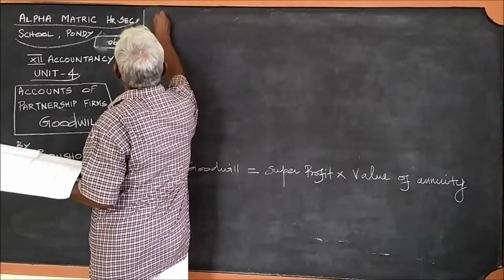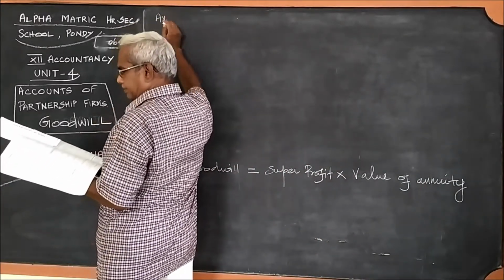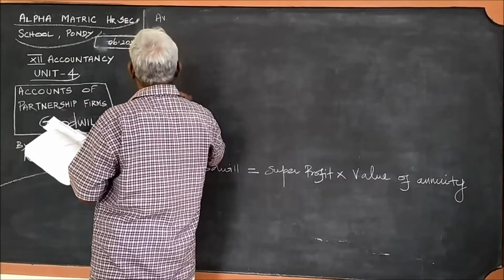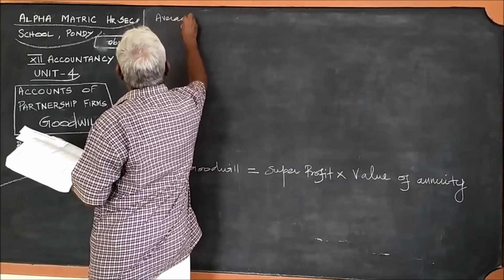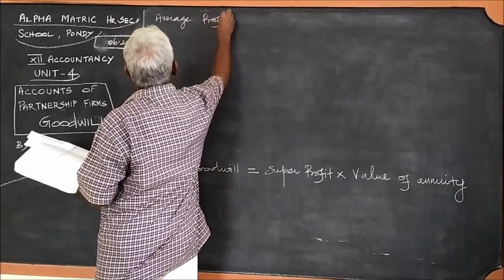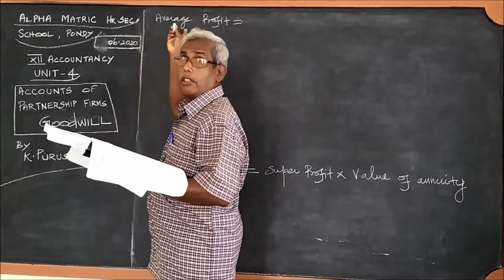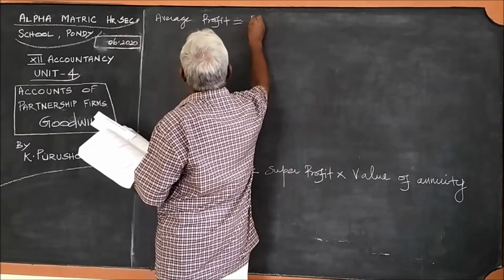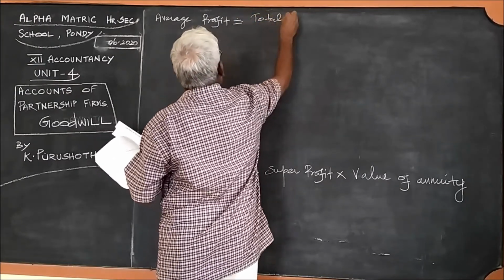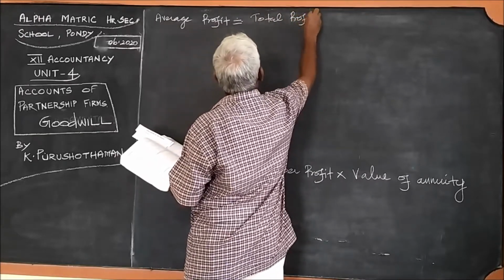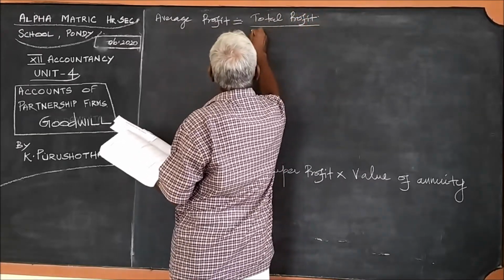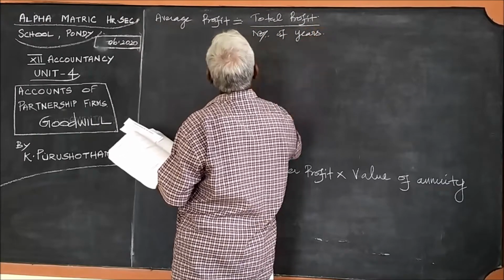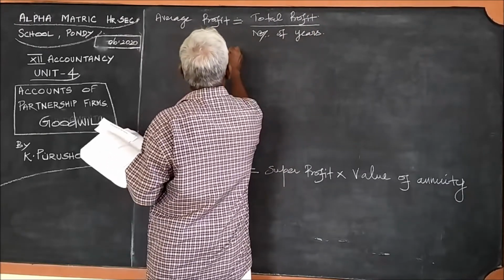Now, average profit is equal to total profit by number of years.